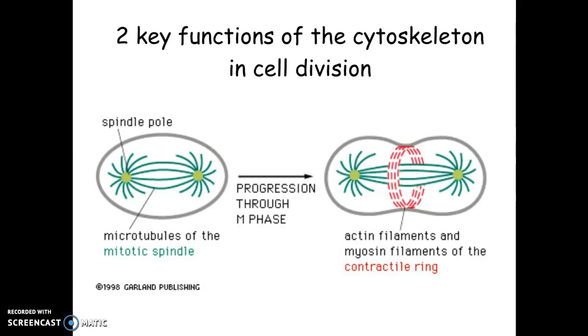And then the kinetochore associated microtubules are going to push and pull the chromosomes around until they've all aligned at the metaphase plate. And this is all going to be microtubules and kinesins and dyneins.